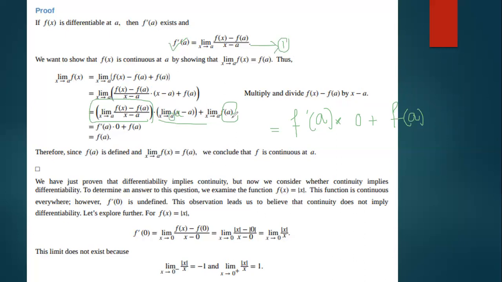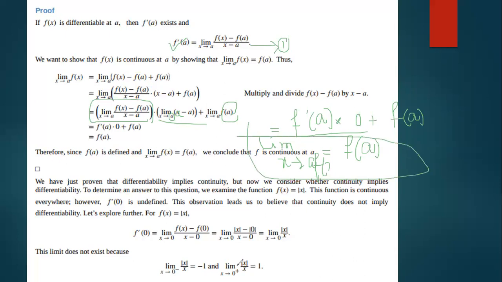Because there is no resultant change, this is the value. This function already has the value of f of a. So this value will be 0 multiplied by this, which equals 0, plus f of a. So my value equals f of a. This shows that my limit as x approaches a will be equal to f of a.